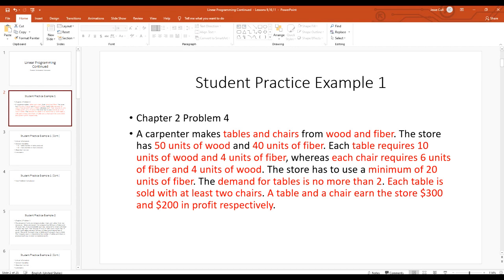We are making tables and chairs. And we also know it's a business. If they're making something, and we're talking about how much they make per item, we're mostly talking about maximizing their profit or maximizing their revenue, because we know how much they earn down here.